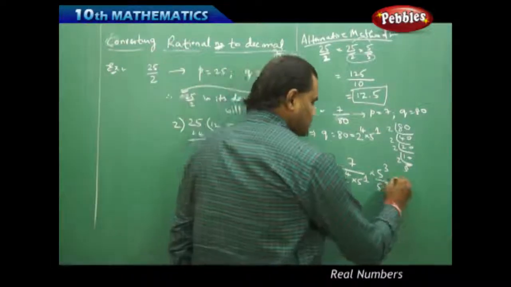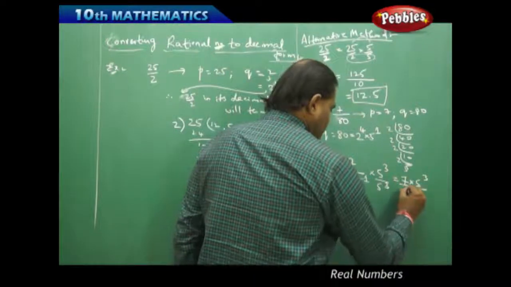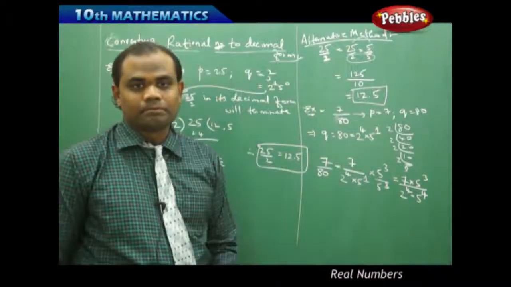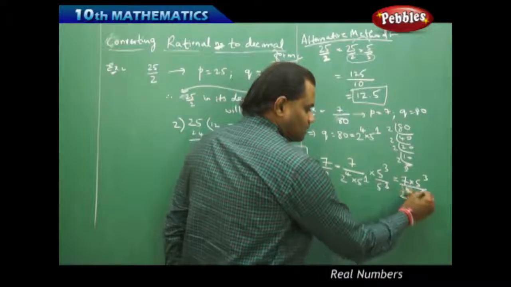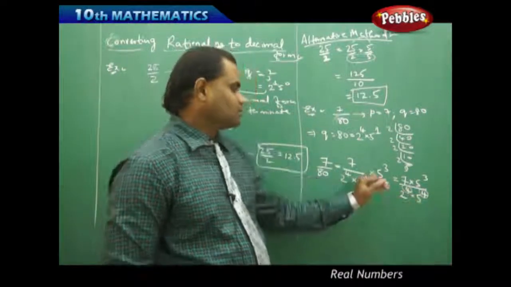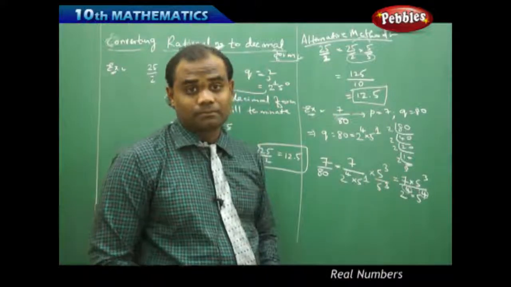So in this case, this will be 7 times 5 cube by 2 power 4 into 5 power 1 plus 3, which is 4. So my target out here is reached because I have made both the powers of 2 and 5 the same. And I made them the same by multiplying with 5 cube and dividing with 5 cube equally.